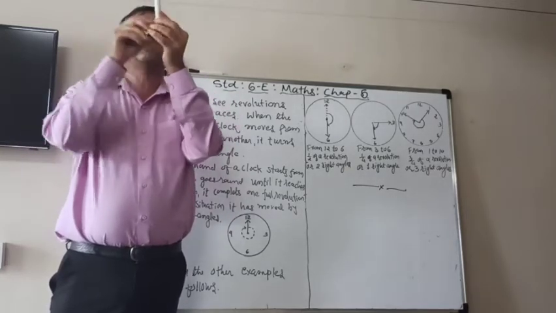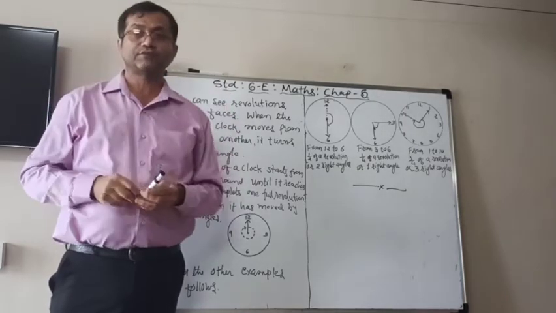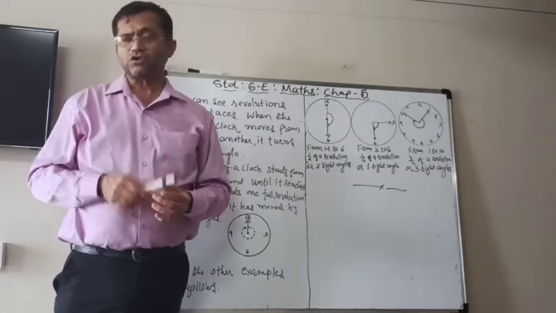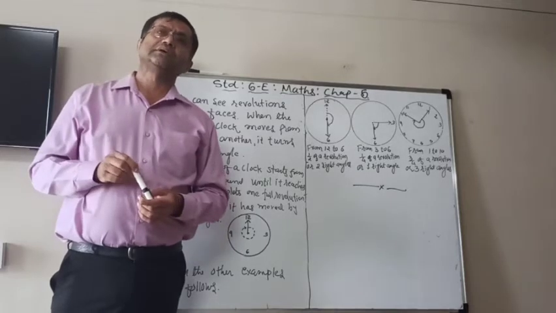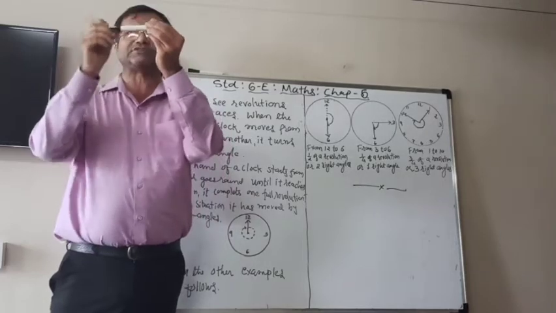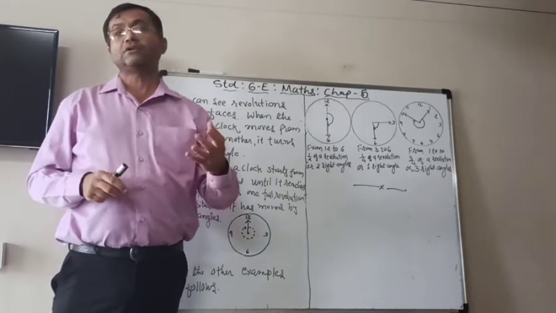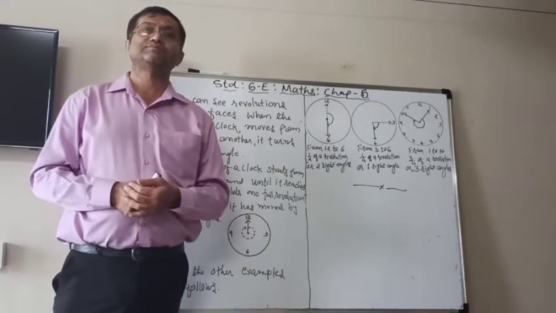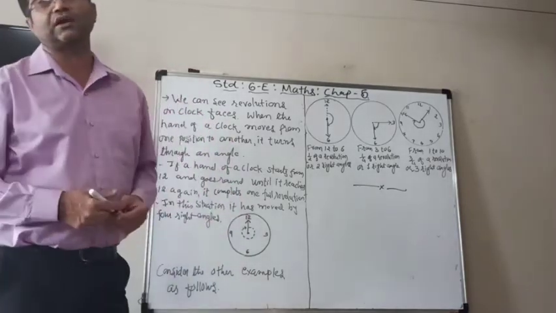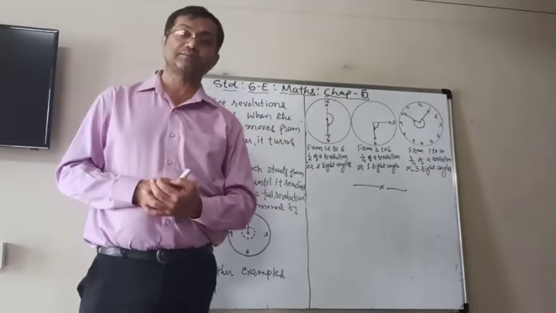It starts from 12, then 1, 2, 3, 4, 5, 6, 7, 8, 9, 10, 11 and 12. So it is moving like that in a revolution. So whenever the hand of the clock moves from one position to another position, then it makes an angle. Now it can be a complete angle, a right angle or a straight angle according to how many steps it is moving.